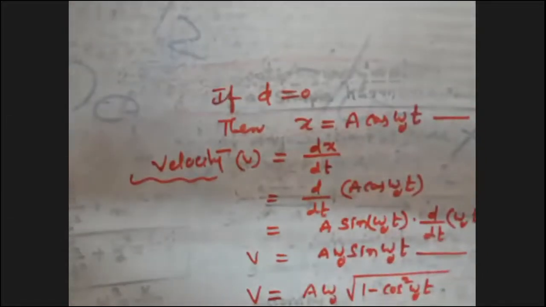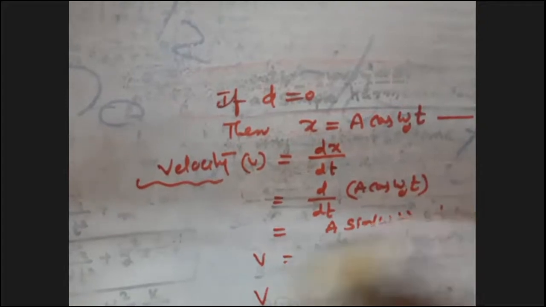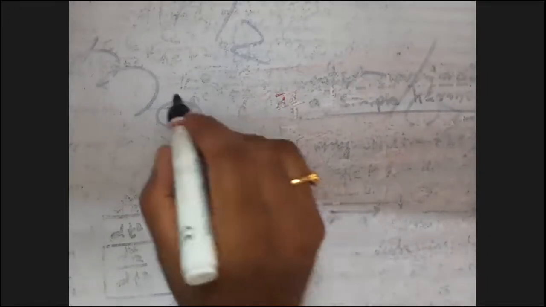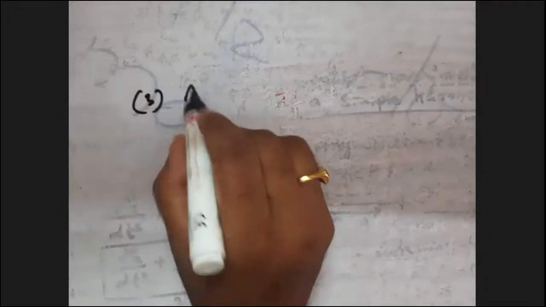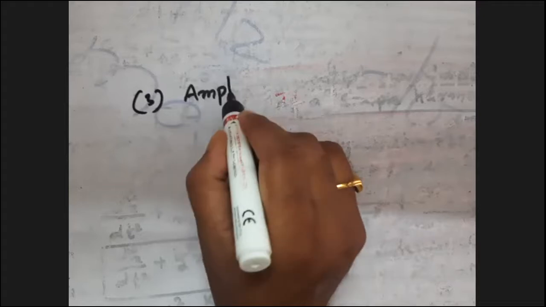So the next physical characteristic is amplitude. Already I explained. The third one is amplitude.